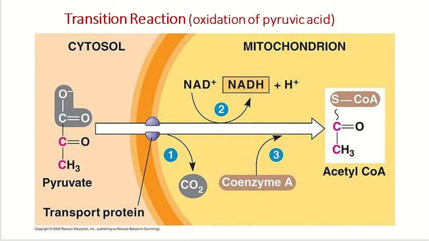But since it is really required in the Krebs cycle, it needs to enter the mitochondria via a specific transport protein known as pyruvate translocase. So that pyruvate translocase can be seen in this particular figure embedded within the outer mitochondrial membrane.